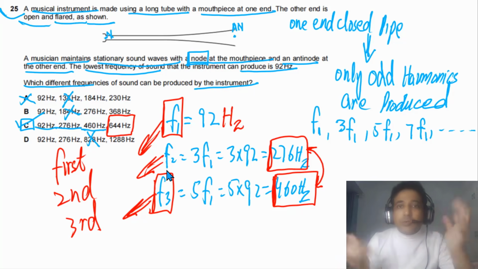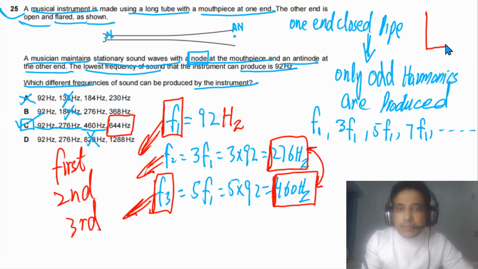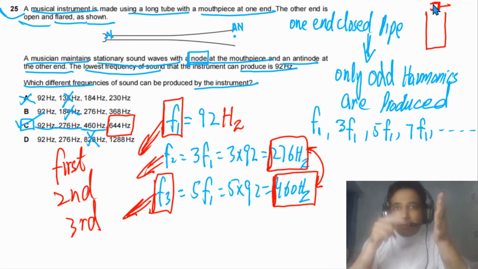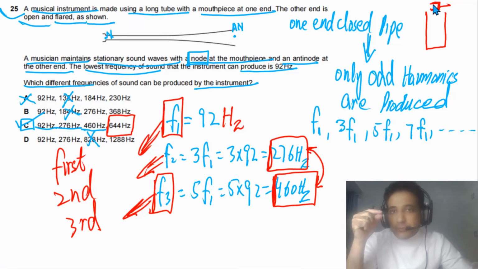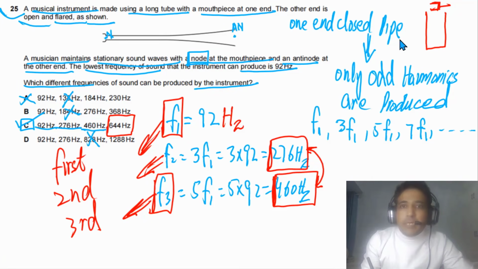In case of a tuning fork, for example, let's say we have a pipe and we have one tuning fork here. We strike this one with a rubber pad, and we place it at the top of this pipe. If the frequency of this one is 92, we will hear the first loud sound. Then we change this tuning fork and use another tuning fork.